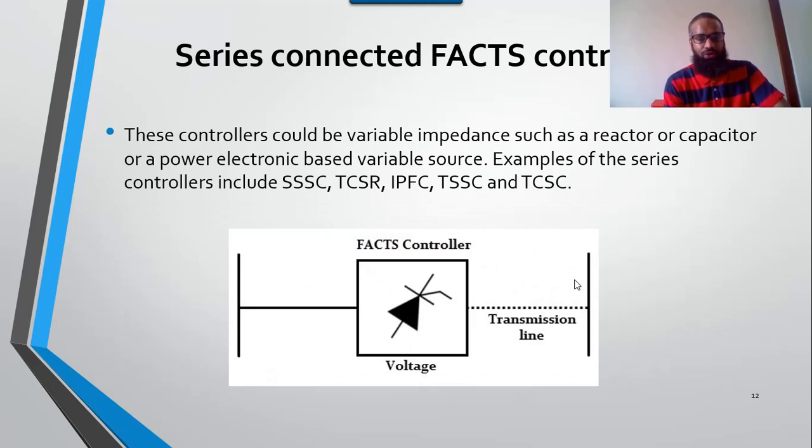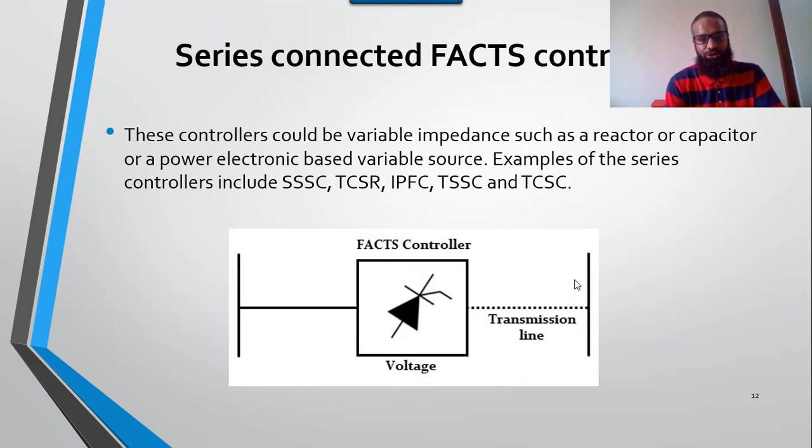Similarly, the series connected FACTS controller is basically a series compensator, but it uses thyristors or power electronic devices to improve the efficiency and reduce the overall disturbance of the power system.